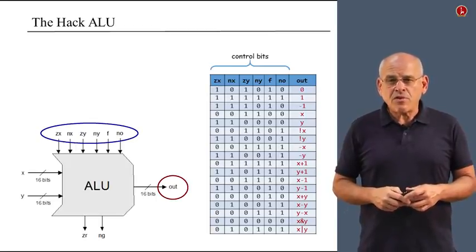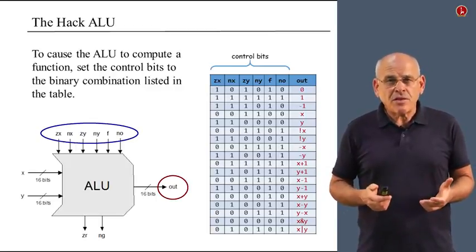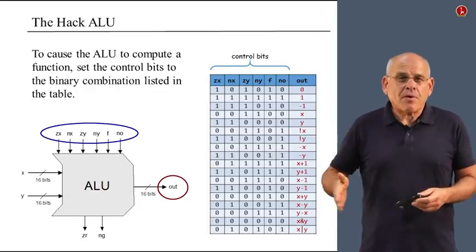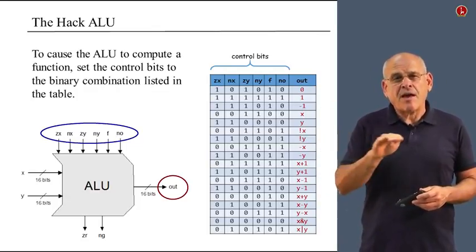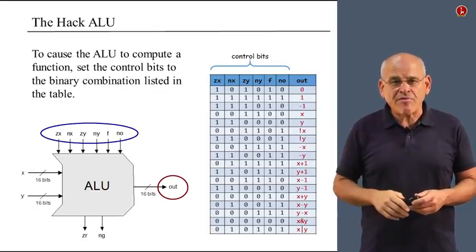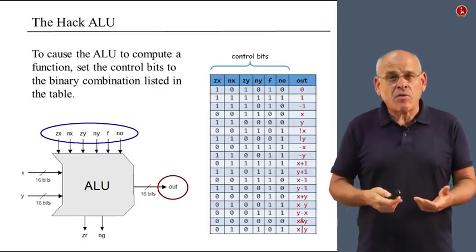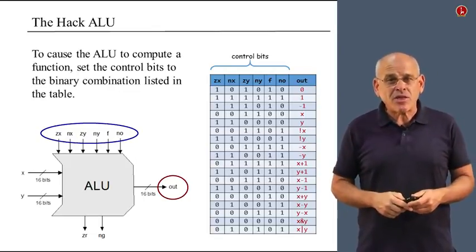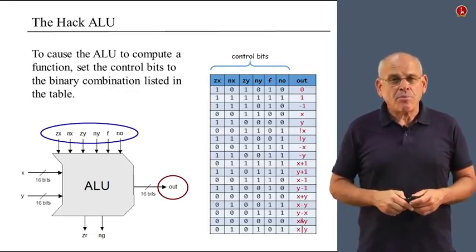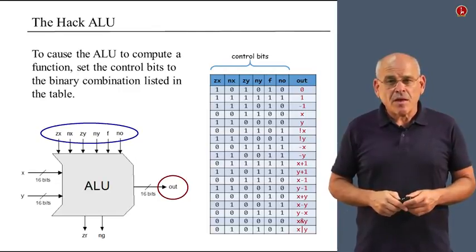If you want to compute a certain function, you can look it up on the right-hand side of the table. You can then read off the zeros and ones that correspond to this function. You enter these zeros and ones into the control bits, and boom, using some sort of black magic, the ALU will compute the desired function.